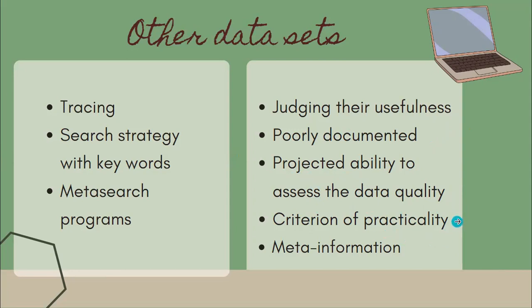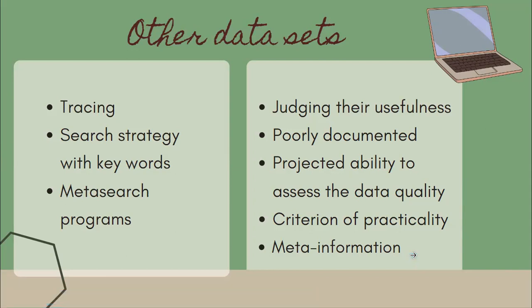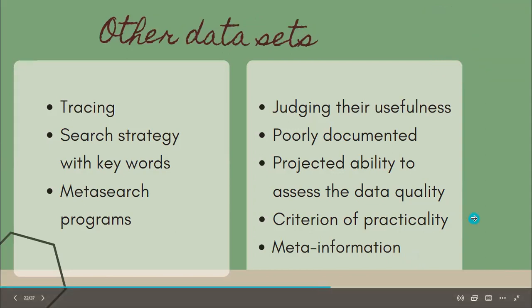If it would take more time for you to analyze the data, find it, and clean it, it might be better not to use it. And we have meta information, which is information that describes the data and thus enables methodological quality assessment. It is an important requirement in selecting potentially interesting secondary data sets.